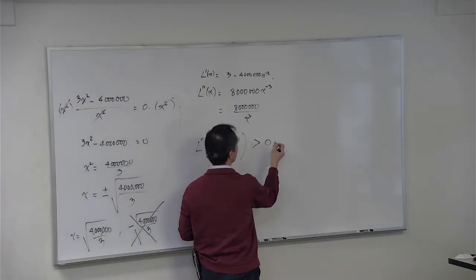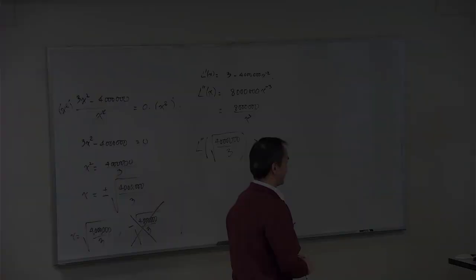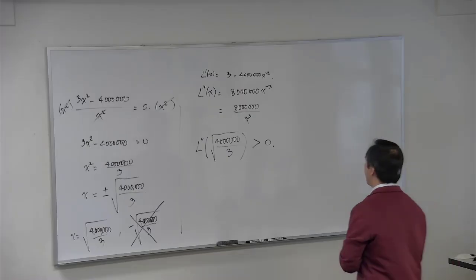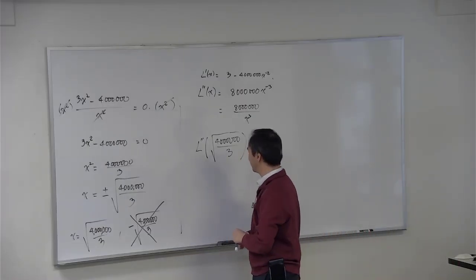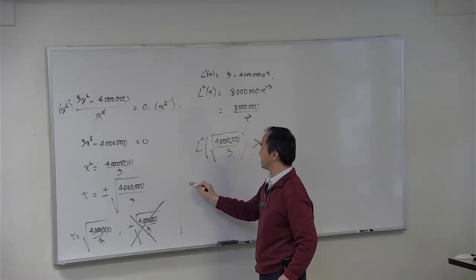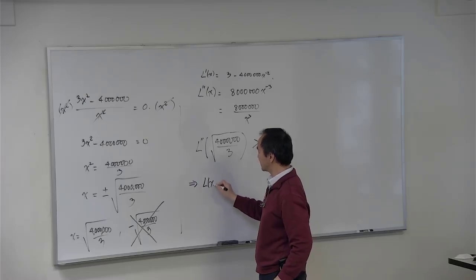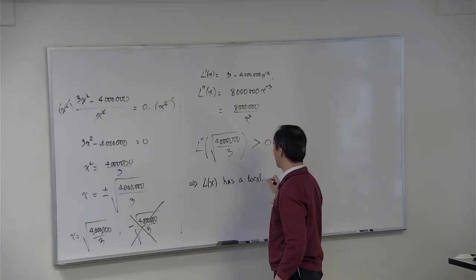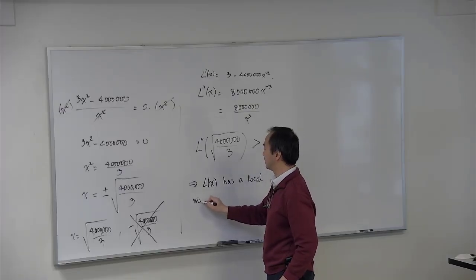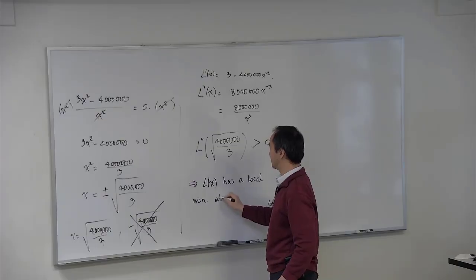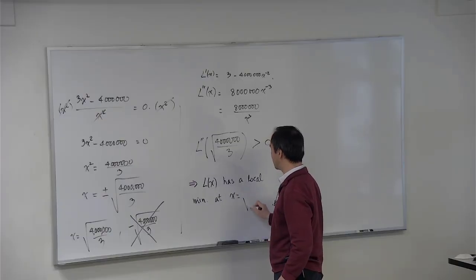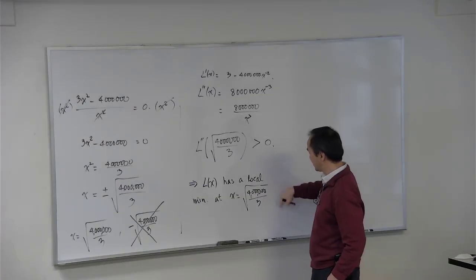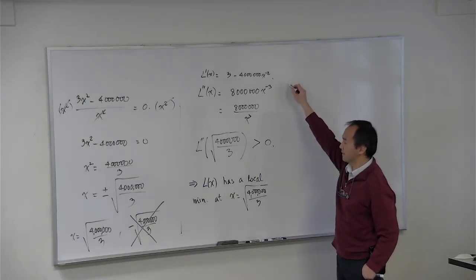We don't even need to come up with a final actual value. So upon having a positive L double prime right there, what can we say? That means the function L of x has a local minimum. Agree? At x equals positive square root of 4 millions over 3. That's what it is. Okay.